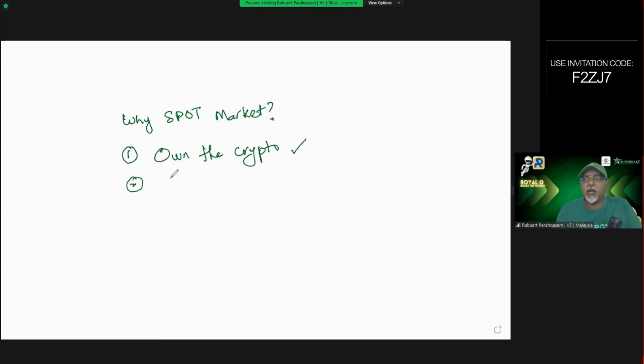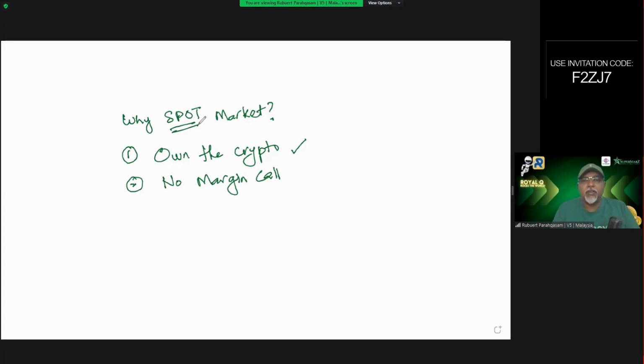Regardless of how the market is moving, you never lose your crypto because there is no margin call. Margin call in this sense is what sometimes happens in the Forex market, when the market is moving against you and you may lose everything, a total wipe out. This does not happen in the spot market.